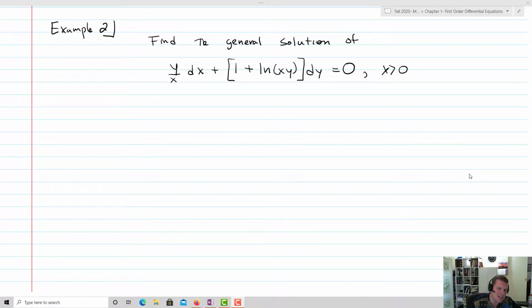So let's look at: find the general solution of y over x dx plus 1 plus natural log of xy dy equal to 0. What we'll first do is prove exactness. We'll show exactness.